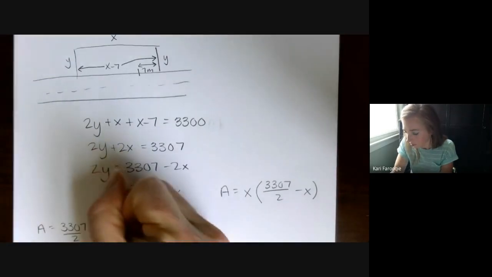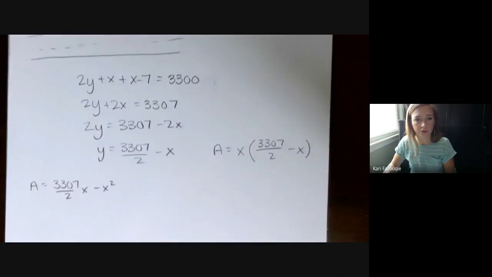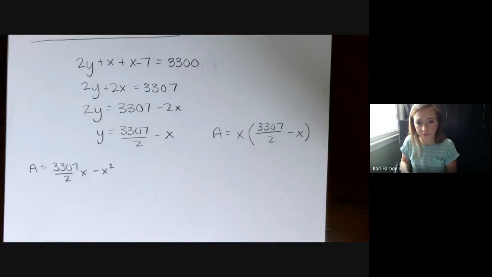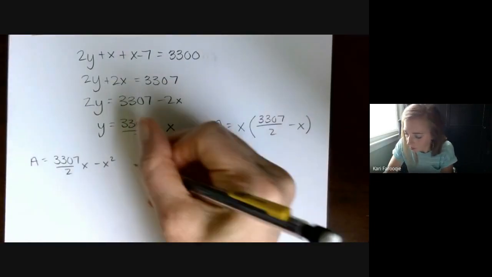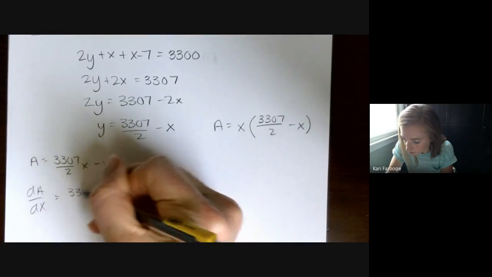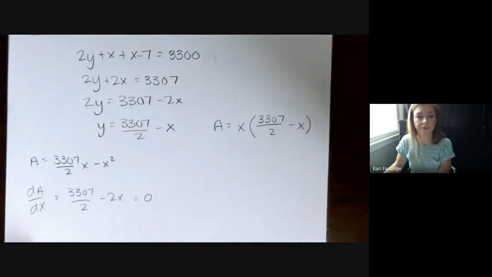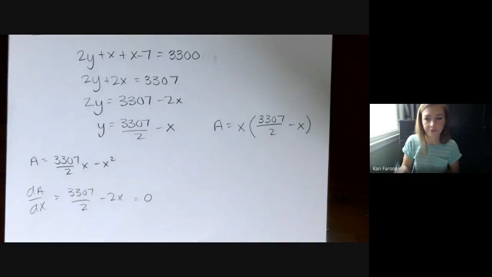3307 halves x, and then minus x squared. So just distribute into the parentheses. And then once you have it all written in terms of x, we can go ahead and take the derivative. So we have dA/dx is 3307 halves minus 2x, and we'll set that equal to 0.